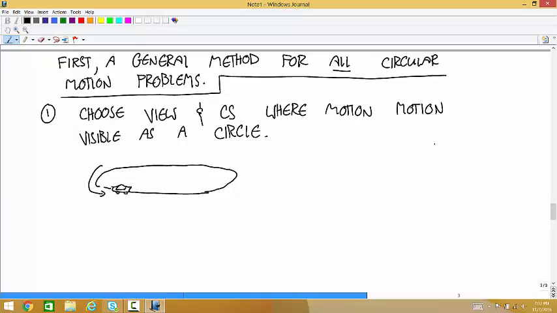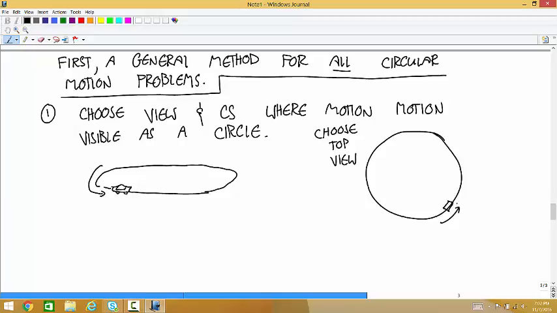You want to choose a top view so that in your view, the motion of the car looks like a circle.